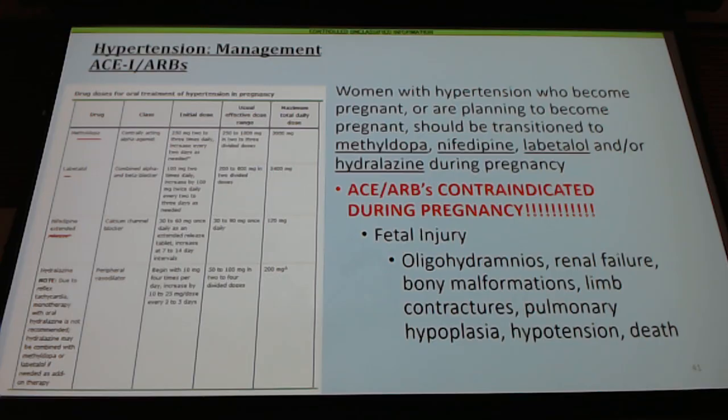Hydralazine can also be safe for pregnancy, but a lot of times we use that in more of the treatment of preeclampsia because it tends to not last as long, and there may be some additional side effects that go along with using hydralazine. But methyldopa, labetalol, and nifedipine are completely safe for our patients who are pregnant and have blood pressure issues.